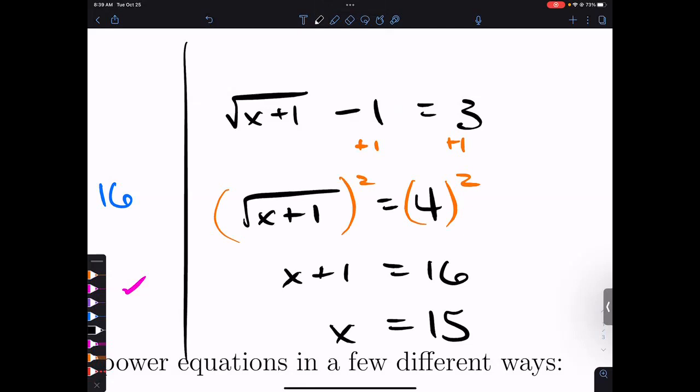We've seen this in other places, where the first thing we want to do to solve is isolate and then start working on undoing. So this is me isolating, getting the root by itself. Then I'm going to start undoing it by doing the opposite thing. If it was a cube root, then instead of squaring, I would cube both sides, because that's the opposite for a cube root.